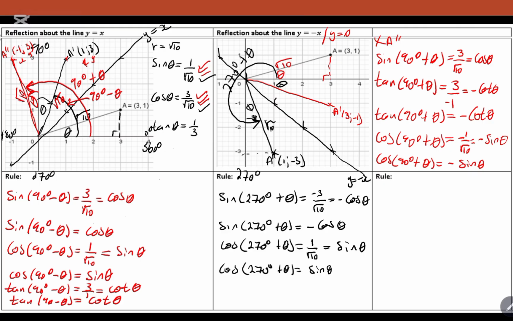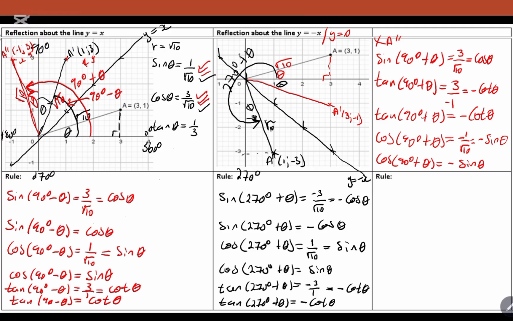Lastly, we're going to look at the tangent. So tangent of 270 degrees plus theta is y over x, so that is negative 3 over 1. But then we also identify that this is a reciprocal of 1 over 3, so this will be negative cot theta. So tan of 270 degrees plus theta is equal to negative cot theta.